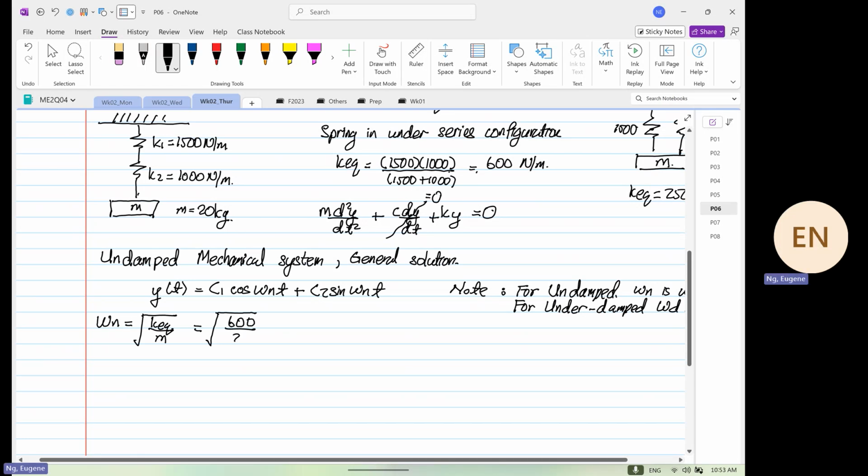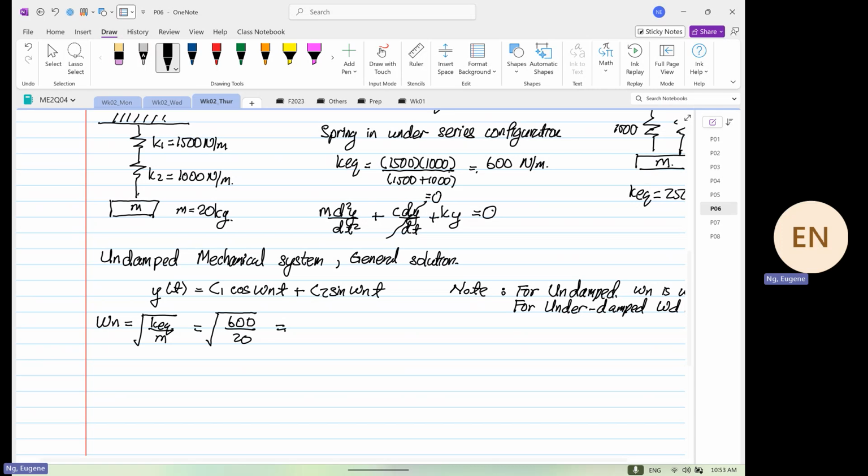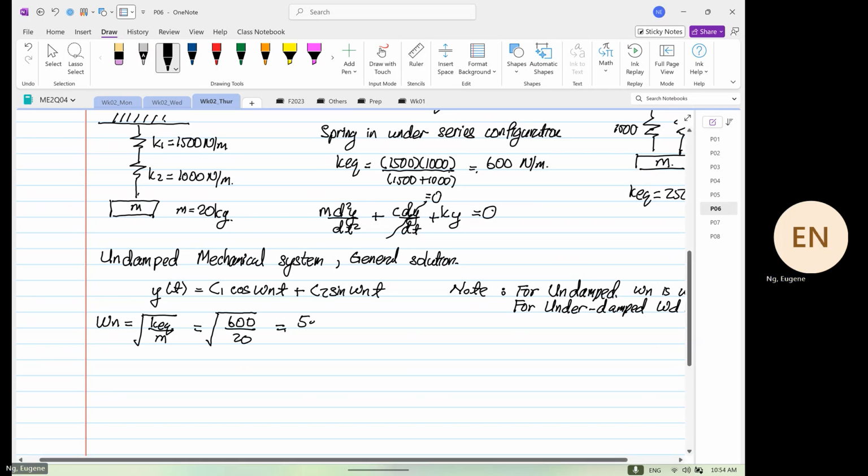Our mass 20, so 600 divided by 20, square root the whole thing, 5.477 radians per second. So we substitute y as a function of time: C1 cos 5.477 t plus C2 sine 5.477 t.